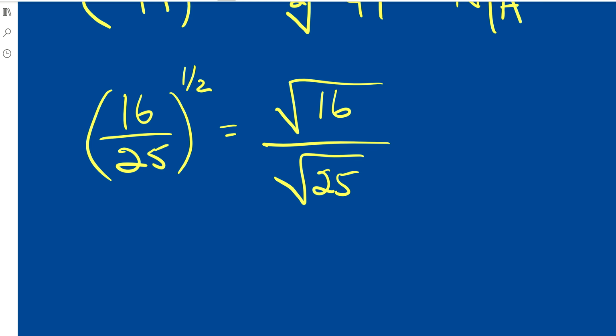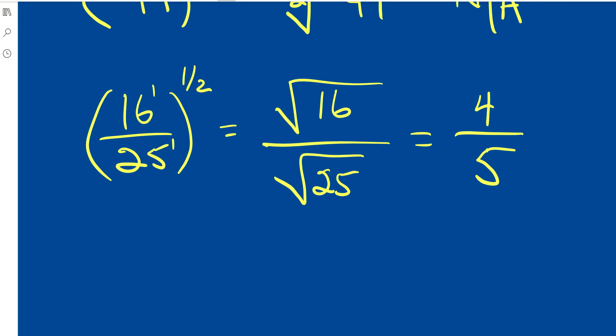Ultimately, that's what happens. There's really a 1 here and 1 here. You would multiply that using the power rule, changing it to 16 raised to the 1/2 power and 25 to the 1/2 power. And that's what this ends up being, the square root of 16 over the square root of 25, which is just 4 over 5. And there you're in good shape.